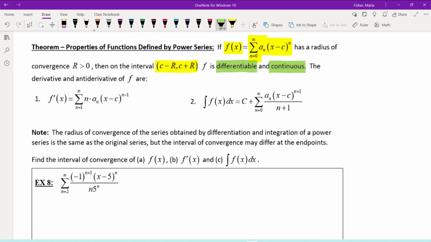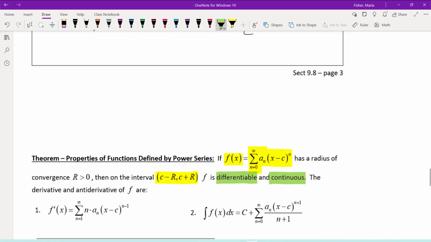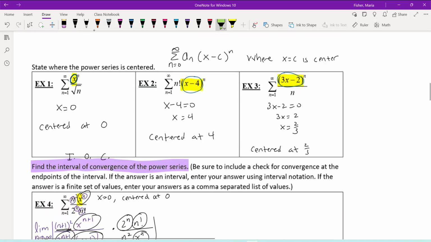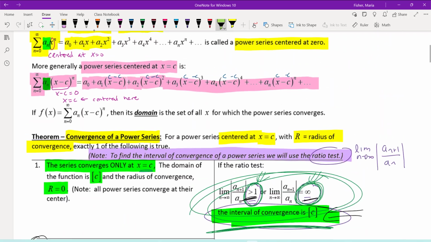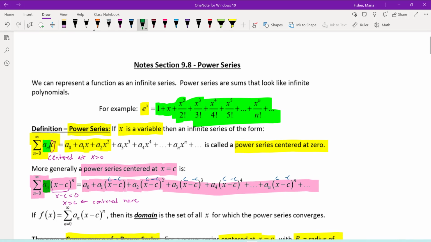Now you might think, oh my goodness, that looks really scary, but it's not that bad. Remember what we said before? A power series just had it where it was x raised to a power. Well, imagine if I ask you to take the derivative of this.